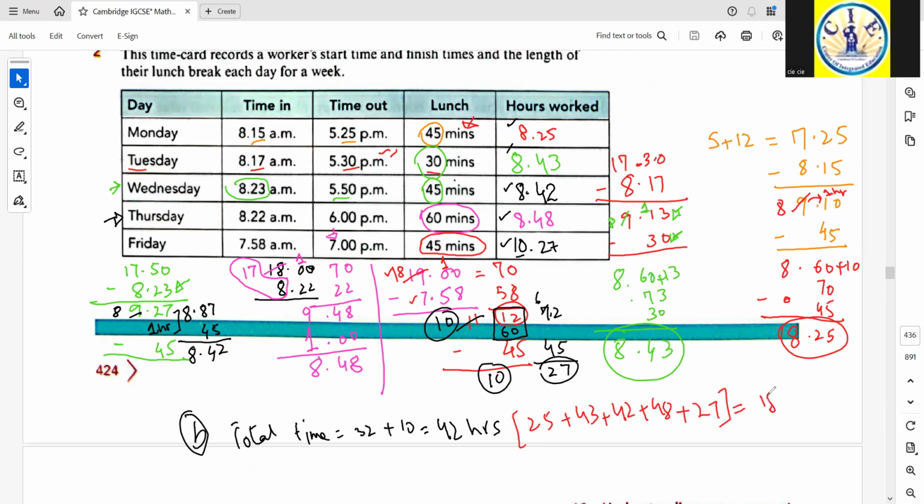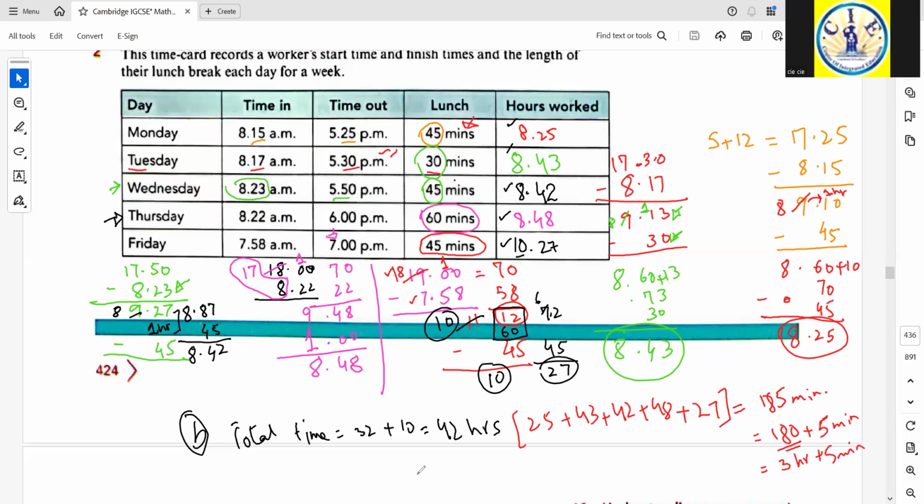185 minutes. And this 185 minutes, if you divide it by 60, or 60 times 2 is 120, and then this is 180 plus 5 minutes. For this 180, dividing by 60 to convert it to hours, these are actually 3 hours plus 5 minutes.